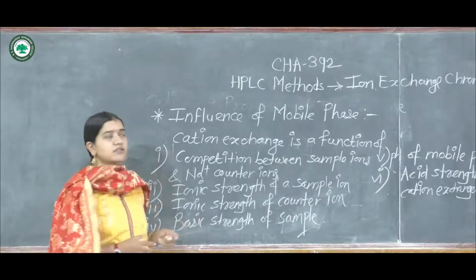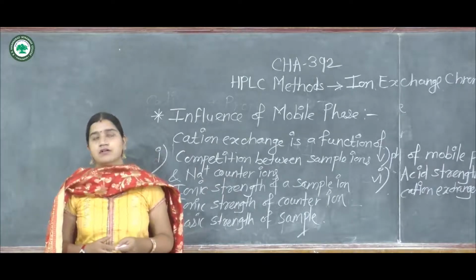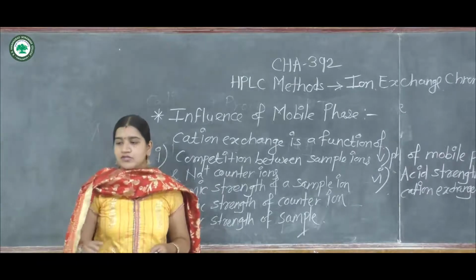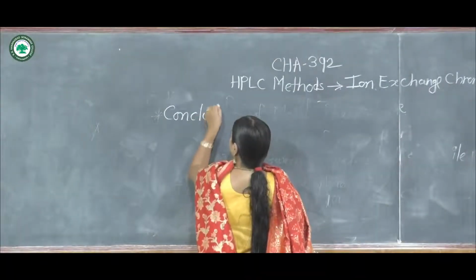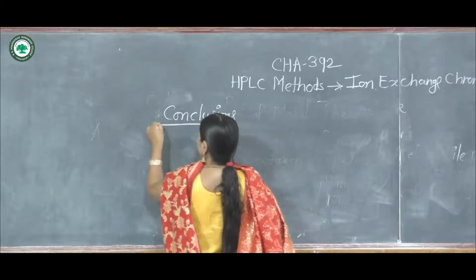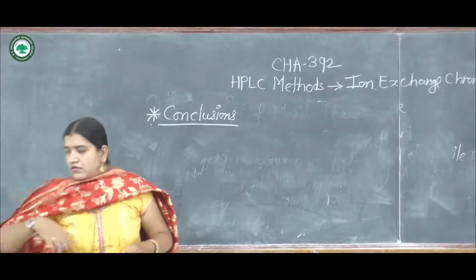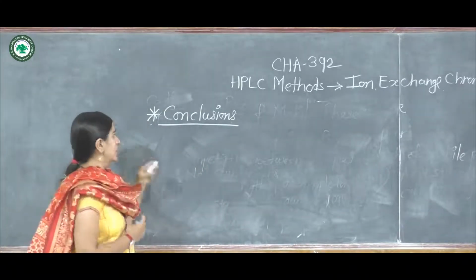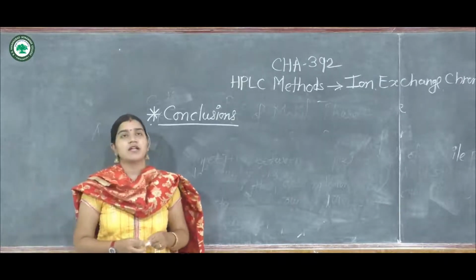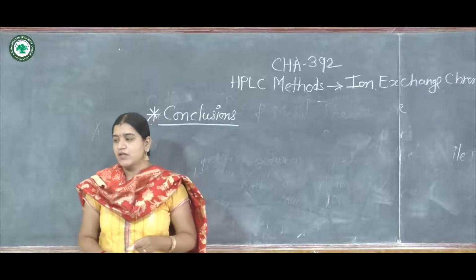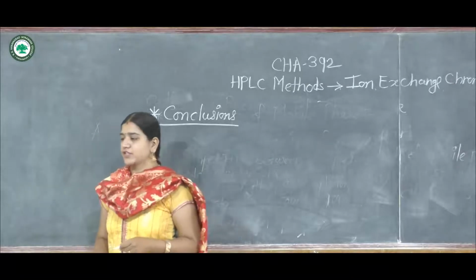Now, what are the conclusions that can be drawn by studying these different aspects? The first conclusion is with respect to the counter ion. If you increase the counter ion concentration in case of cation exchanger, then it will reduce the retention time.